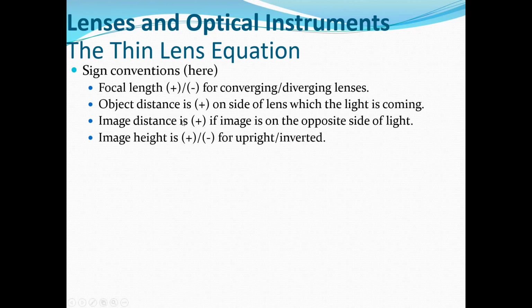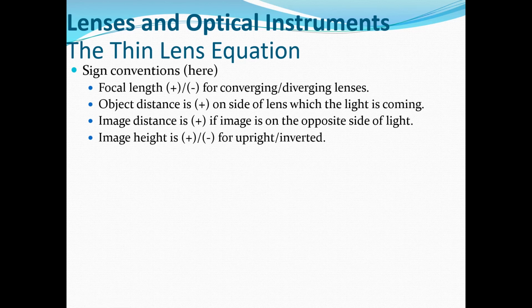Image distance. Now, this one's a little bit different, mainly because of the difference in the purpose. The purpose of a mirror was to reflect light. So the image distance was positive if the light basically got reflected and an image was formed on the real world side, so where the object came from. Because the purpose of a lens is actually to transmit and allow light to travel through it, we define the image distance as being positive if it occurs on the opposite side of the lens.